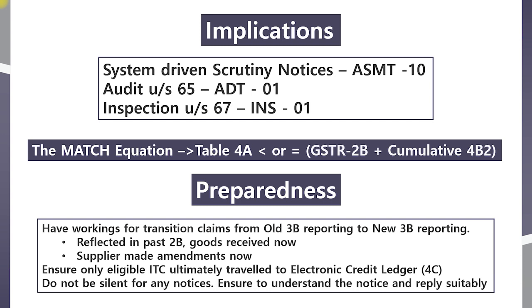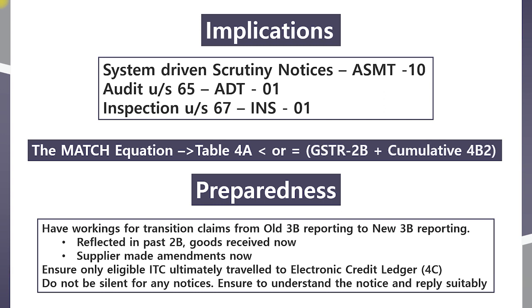We already see so many ASMT 10 or system driven scrutiny notices where GSTR 1 and 3B are compared, GSTR 3B and 2A are compared, and all of this. This is going to increase in the days to come, given that the new reporting format insists on comparing 2B with 3B and reporting the ITC appropriately.